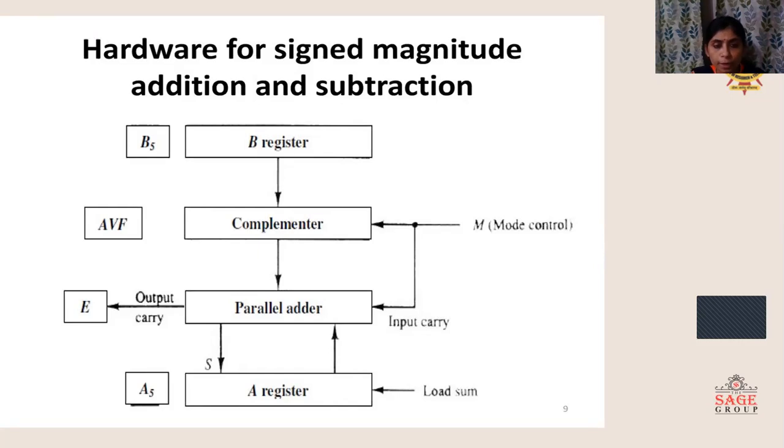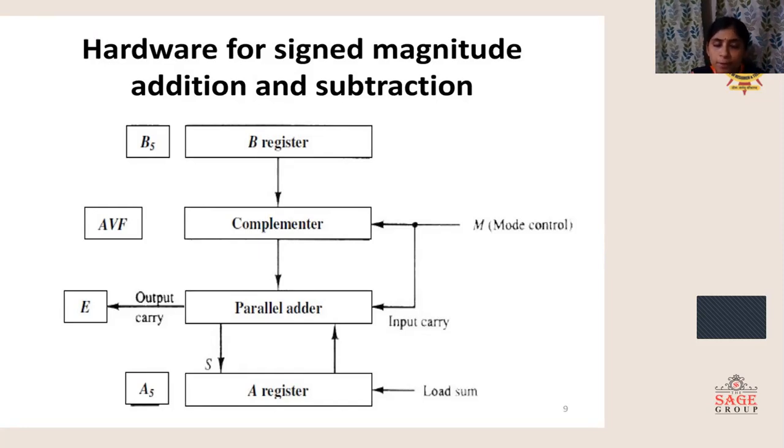The sum of A and B and carry will be stored in the A register, and the sign will be stored in AS. If the value of M is equal to 1, then there is initiation to the complementer.